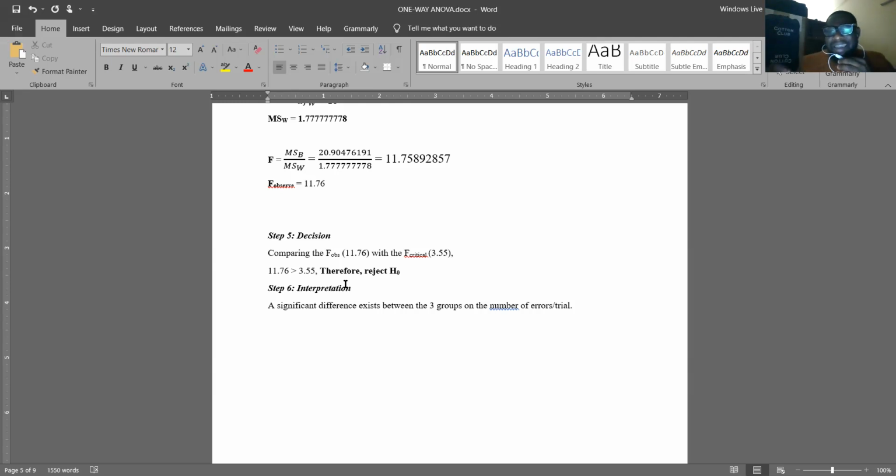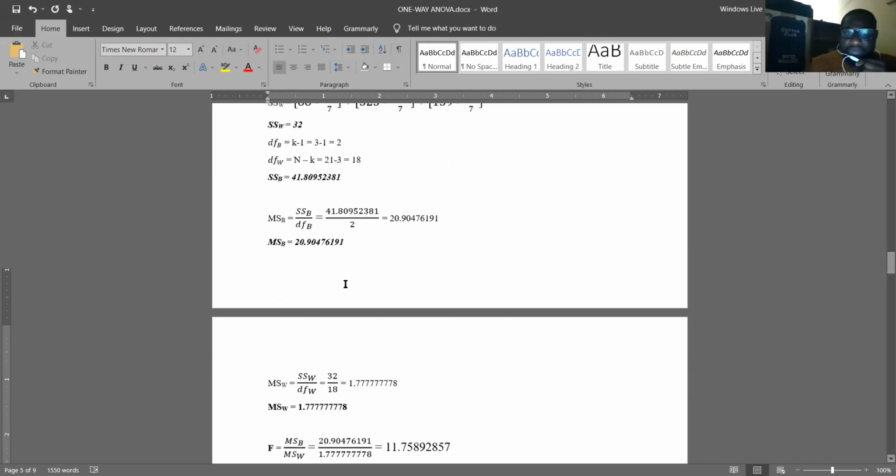But the calculations that we did didn't specifically let us know whether the difference exists between only one of the comparisons or all the comparisons. So if you realize, I indicated that when your groups are 3, it means that you'll be doing how many comparisons when it comes to Anova? 3.